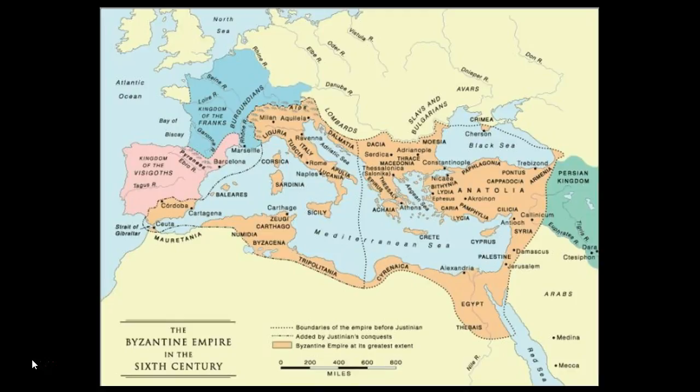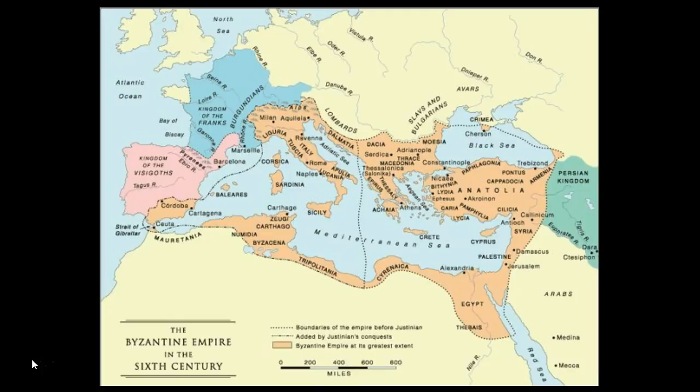So this is the eastern part. During the late Roman Empire, it was divided into half. And so the Eastern Roman Empire was predominantly Greek speaking. It was a continuation of the eastern half of the Roman Empire during late antiquity and the Middle Ages.